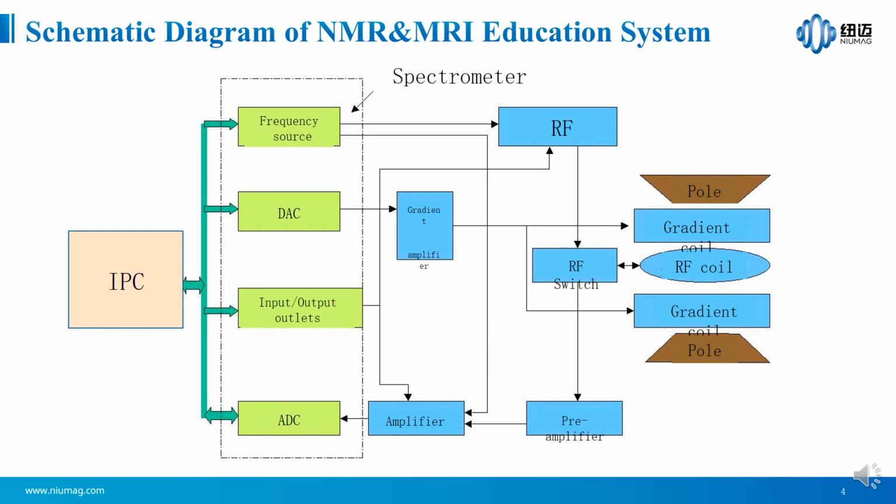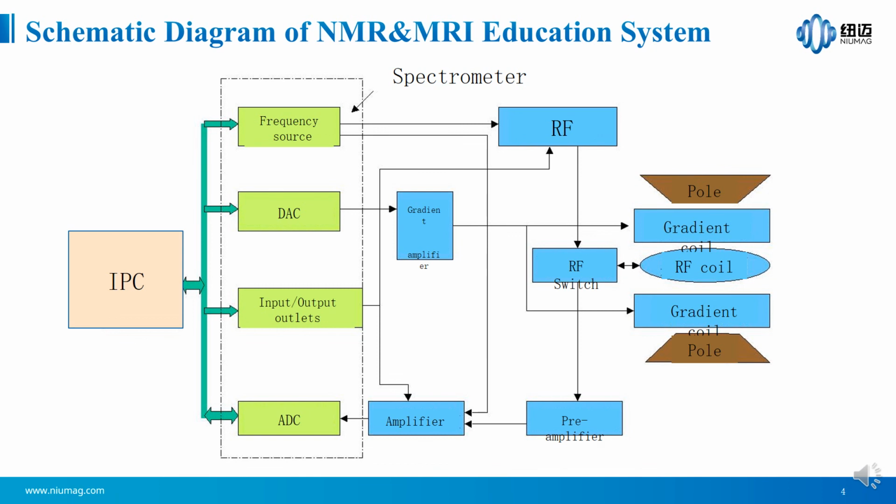If we need MRI, we also need to set the magnitude of the gradient in the control system corresponding to the gradient coil. A gradient usually has three directions, x, y, and z, for the spatial orientation.